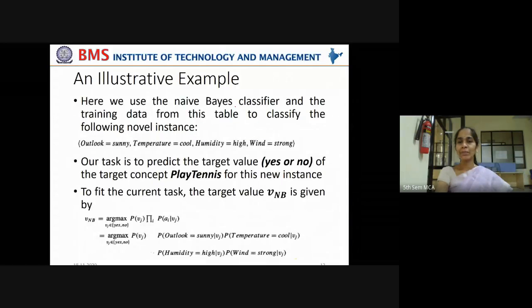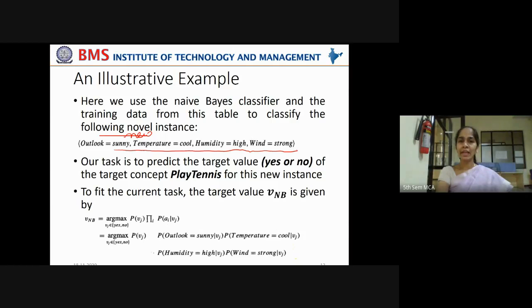Here we use the naive Bayes classifier and the training data from this table to classify the following novel instance. Novel instance means new instance. The new instance is now provided because we trained the machine learning model already with the 14 training examples. Now we have given it a new instance. On a particular day, the outlook is sunny, temperature is cool, humidity is high, and wind is strong.